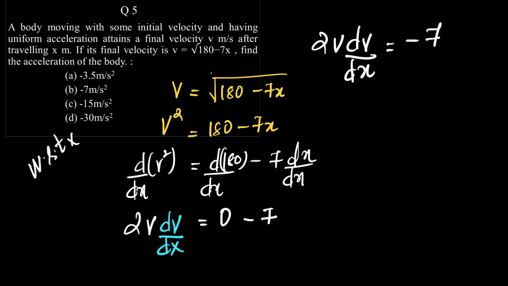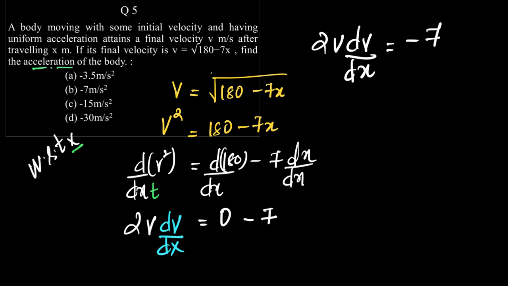Now, one big mistake, in my opinion, that students make here is that, instead of differentiating with respect to x, they differentiate with respect to time, which is actually wrong. They are interested in getting the answer as acceleration, because acceleration is being asked in the question.